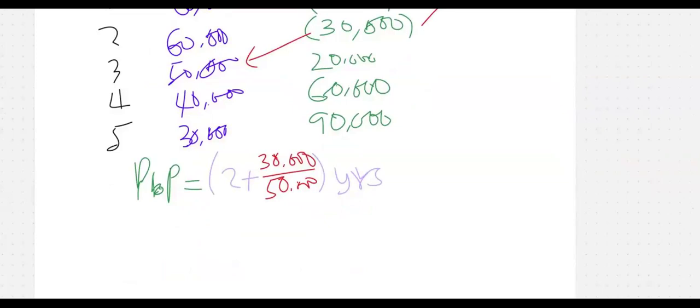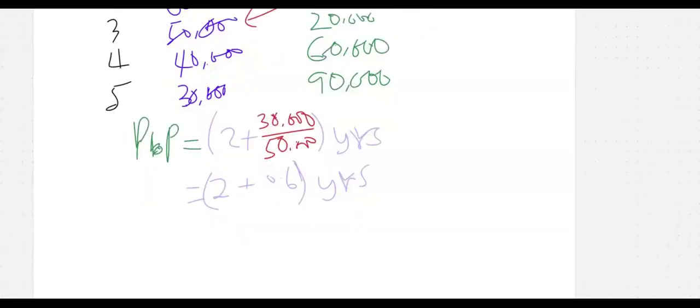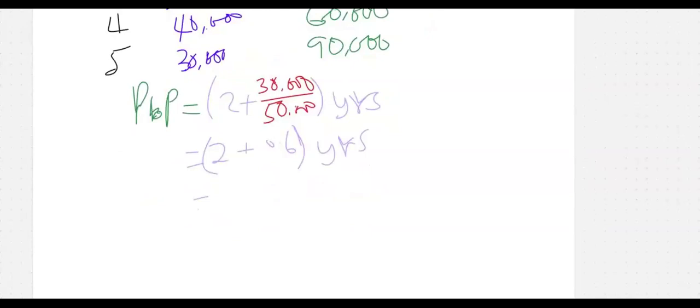So we are going to have 2 plus 0.6 years, which will give us 2.6 years. Okay, that's going to give us 2.6 years.